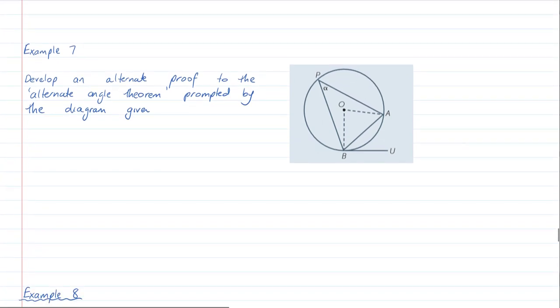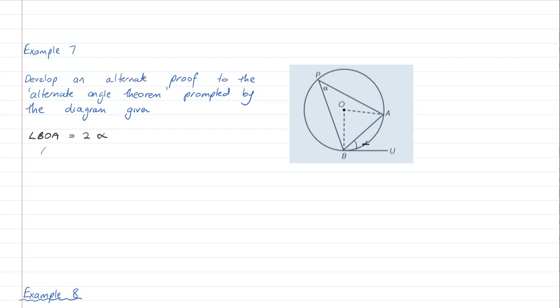In example 7, I want to develop an alternate proof to the alternate angle theorem, or the alternate segment theorem, prompted by the diagram given. So here's the alternate segment theorem, that this angle is equal to alpha. So here's my alternate proof. I'm going to say angle BOA is equal to 2 alpha.